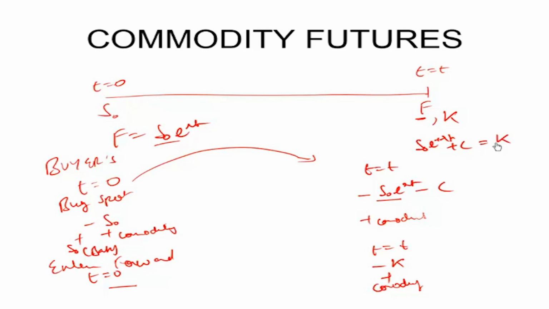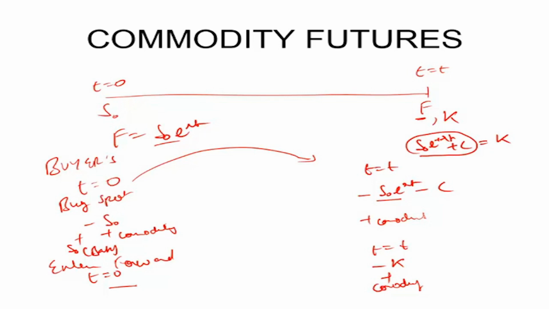You can similarly prove from the seller's perspective that the seller will not accept anything less than this. And the buyer will not be willing to pay anything more than this. So if K is more than this, he'll rather buy and store it himself. If K is less than this, the seller will not enter into the contract because he'll rather sell it in the spot.